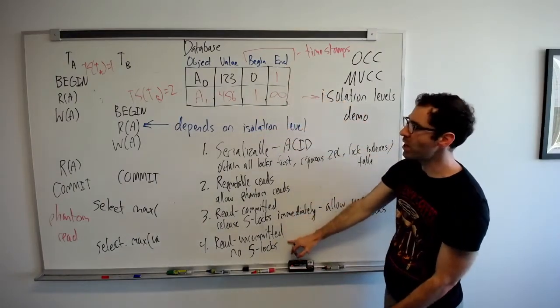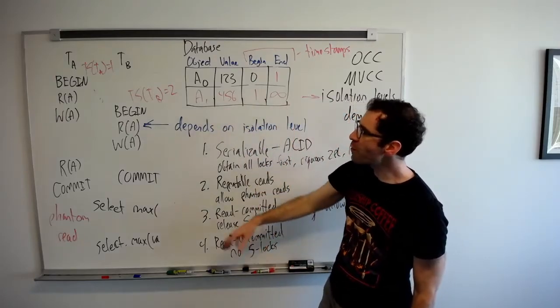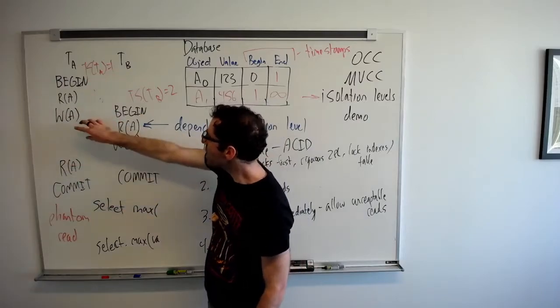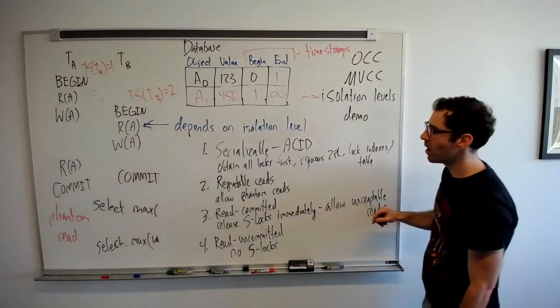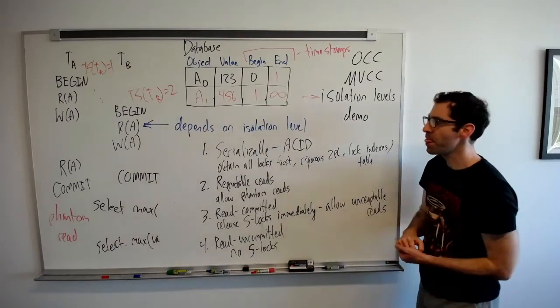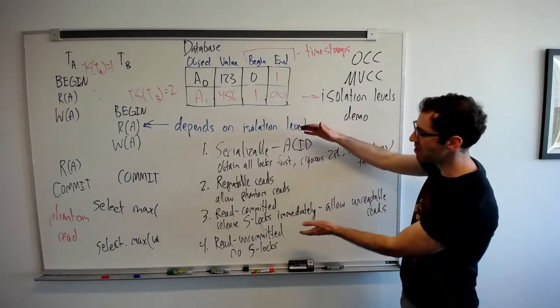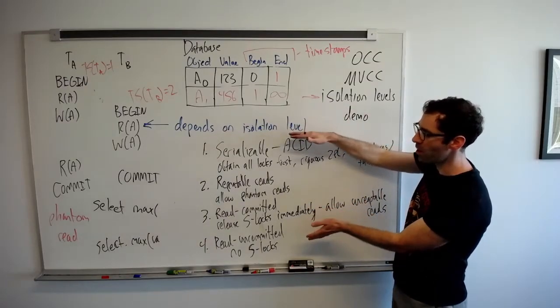If we're on read uncommitted, then we could read A1. If TA committed between when TB started and when it read A, then read committed would allow us to read the update from A. And as I'll show in the demo, we can actually tell a database system for a particular transaction which one of these we want it to do.